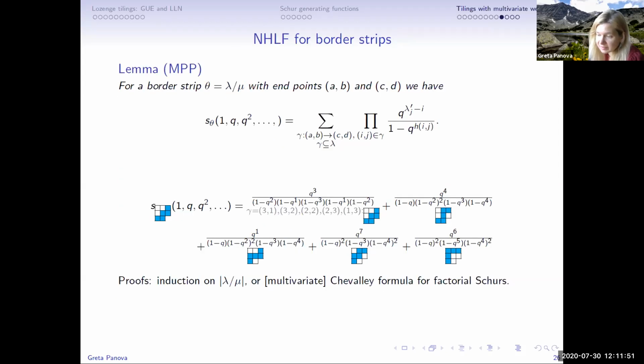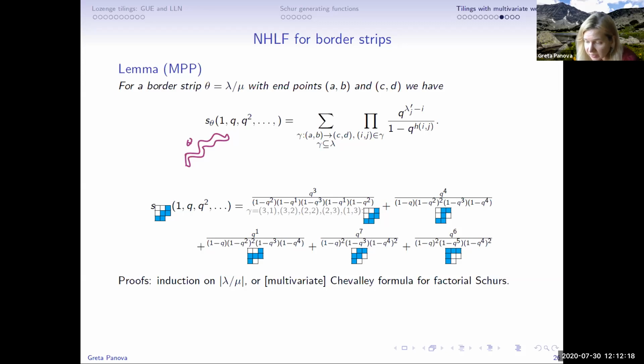And so let's apply this formula. So we need a formula for Schur functions with border strip shape, like in this case, thickness 1 box. This is our theta.